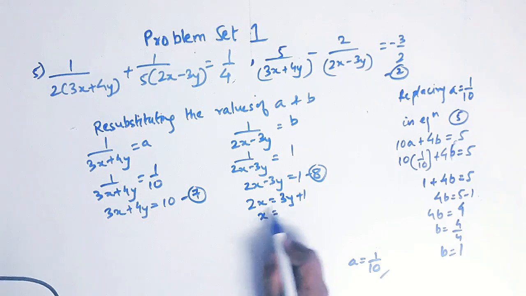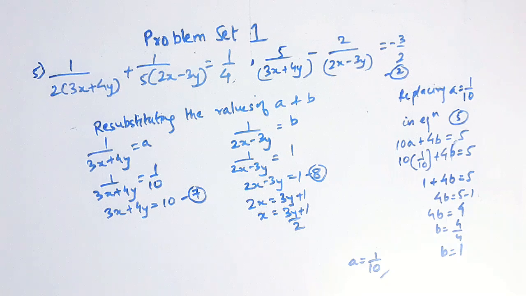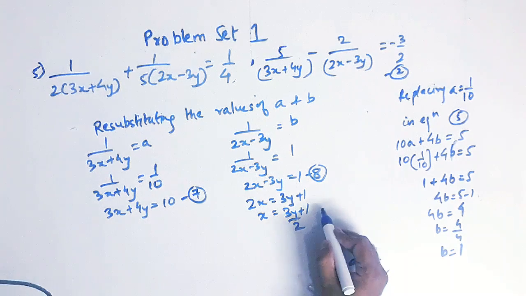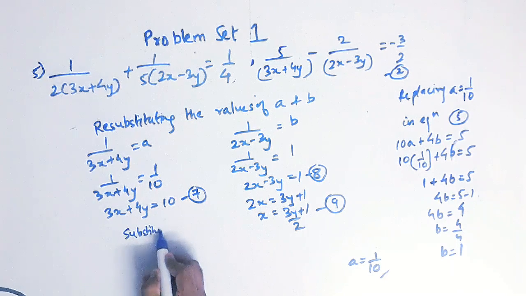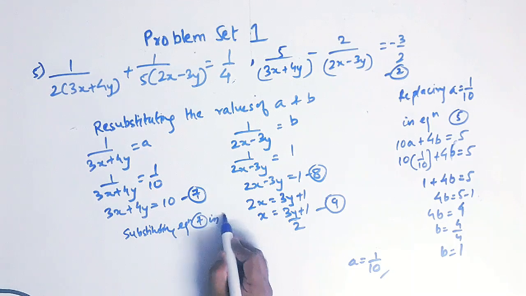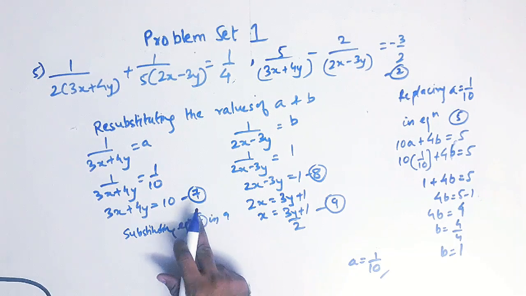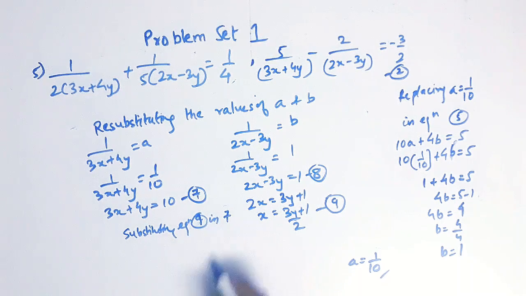Also 2 I don't want, so I'll send it there, 3y plus 1 upon 2. So this is your 9th equation. So what will I do? I'll substitute the 9th in the 7th. Beg your pardon, equation 9th in 7th.